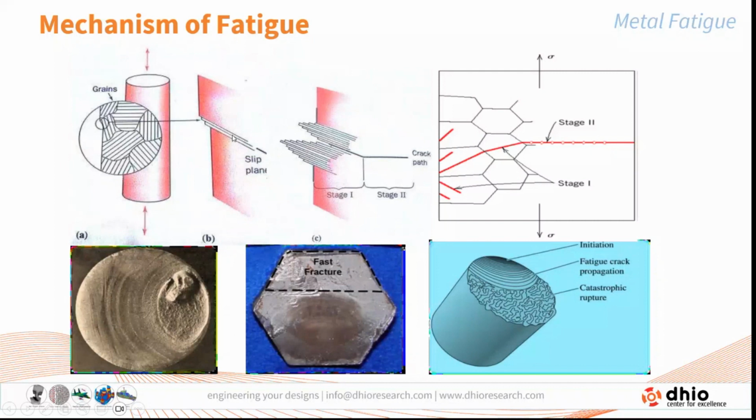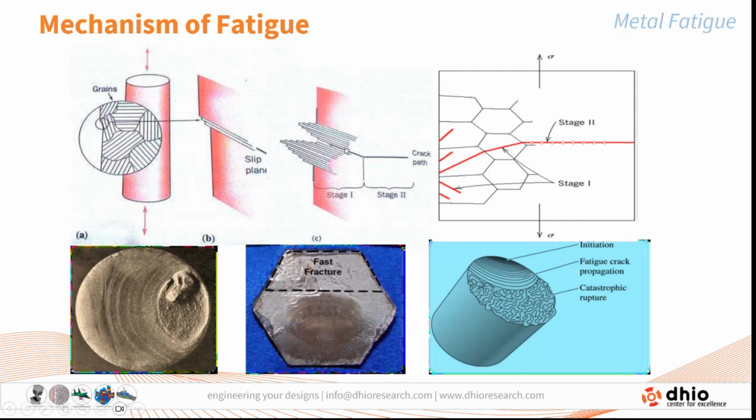Now, as the loading increases, these slip planes keep on increasing. And we can see here some of the slip planes which are protruding outside, and some of the slip planes are intruding inside. That means these slip planes which are protruding out are called extrusions, and these planes which are inside the material are called intrusions.